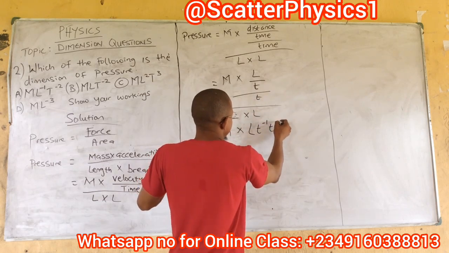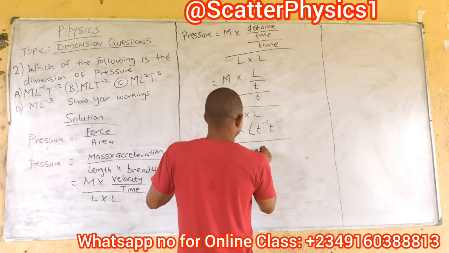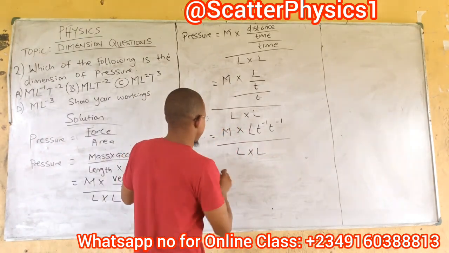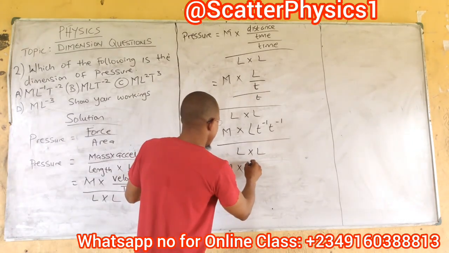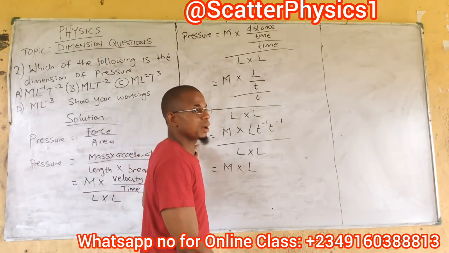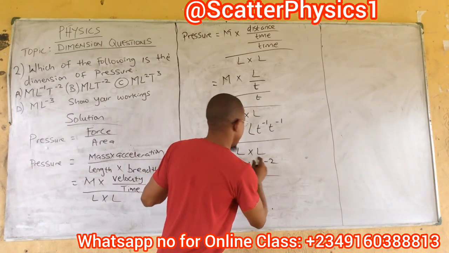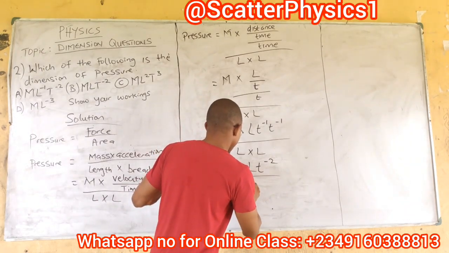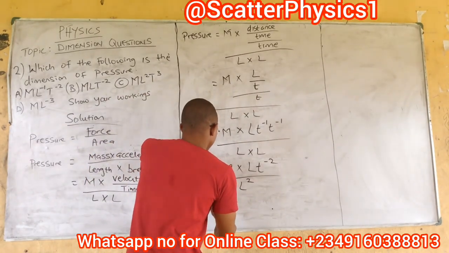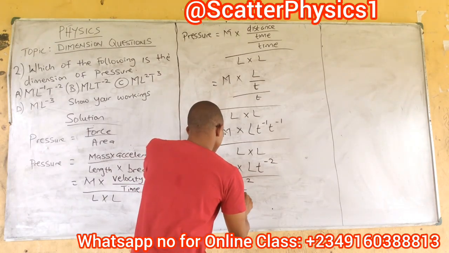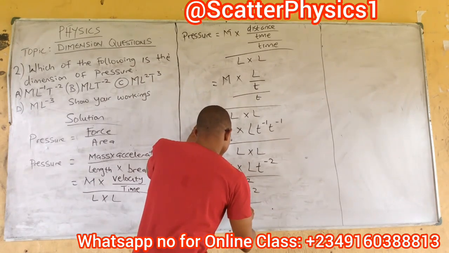This comes again, T minus 1, all over L times L. So remember what I told you, that M times L T minus 1 over T is going to give us T minus 2. All over L times L is going to give us L raised to power 2. Then we have equals to M L T minus 2, all over L raised to power 2.